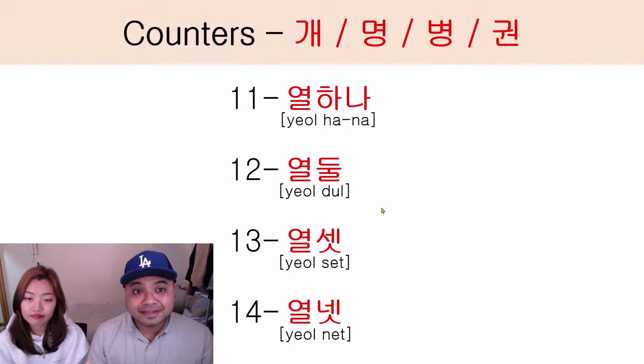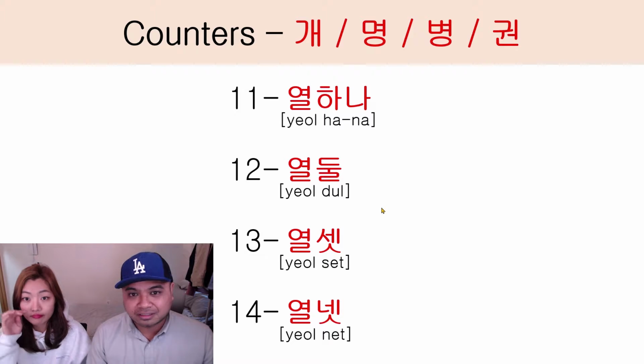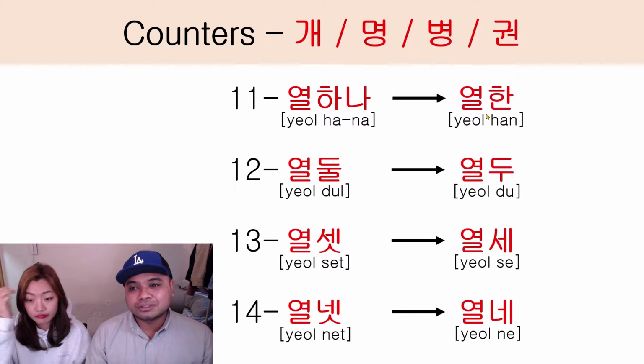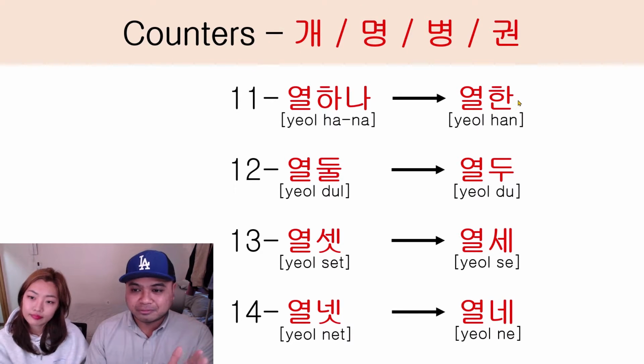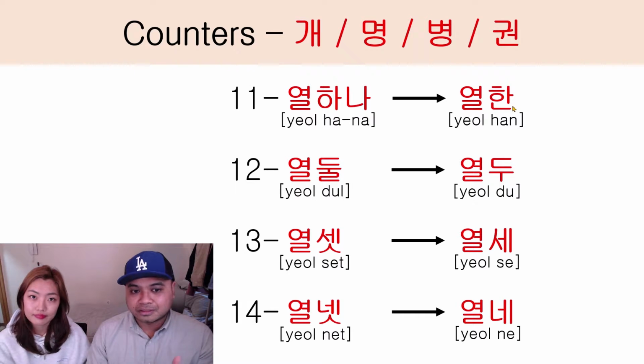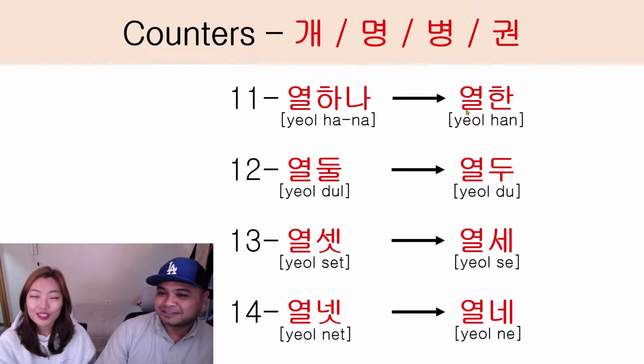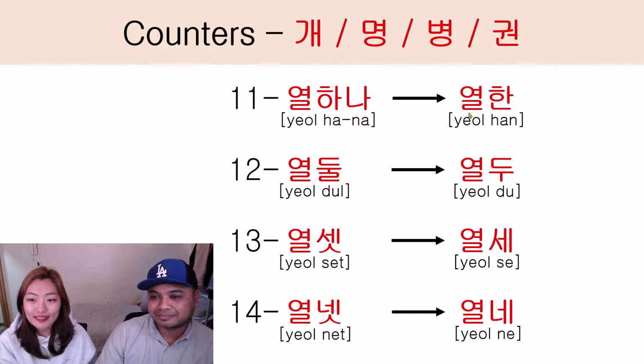But when you're using the counters like 개, 명, 병, or 권, you need to remember to remove the last letter of 1, 2, 3, and 4. 열한, 열두, 열세, 열네.